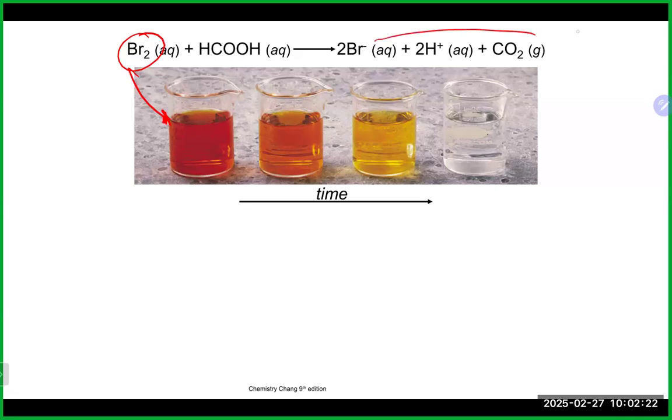These guys over here are pretty much colorless, which is where we're going to end up over here. And you can see as the reaction goes on, as those reactants are being converted over time, we start to use up some Br2 and we start to see the color start to decrease. We get an increase in a lot of products which are colorless, and we start to see the color get lighter and lighter until obviously the reaction is over and there is no more color associated with it.